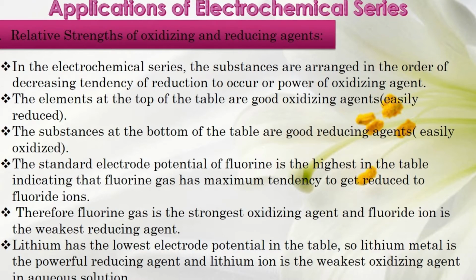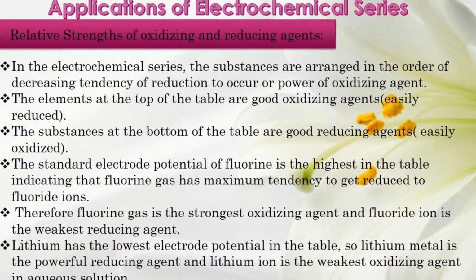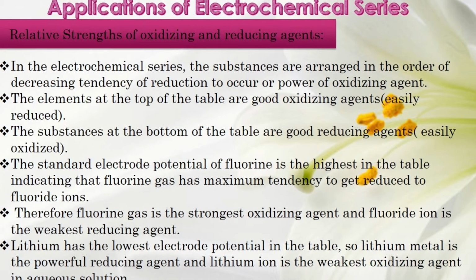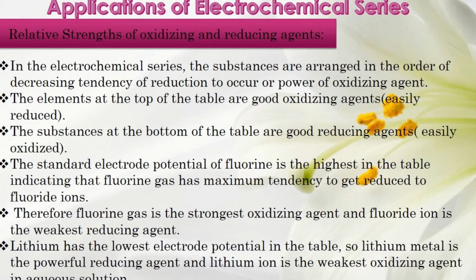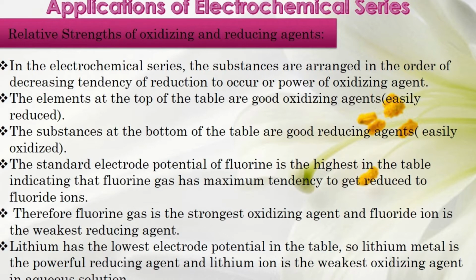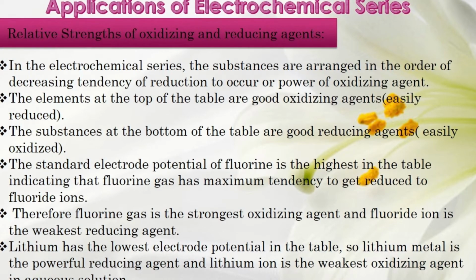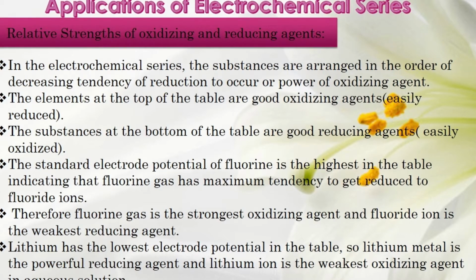On the other hand, lithium has the lowest electrode potential value, indicating lithium has the maximum tendency to get oxidized, that is, to lose electrons, and hence lithium metal is the most powerful reducing agent, or we can say lithium ion is the weakest oxidizing agent in aqueous solution.